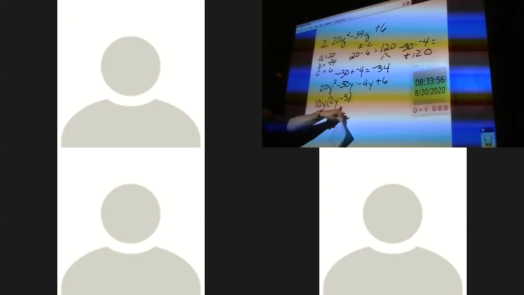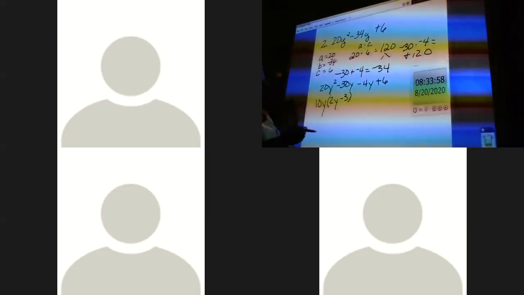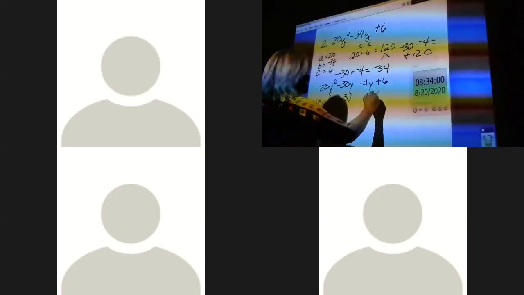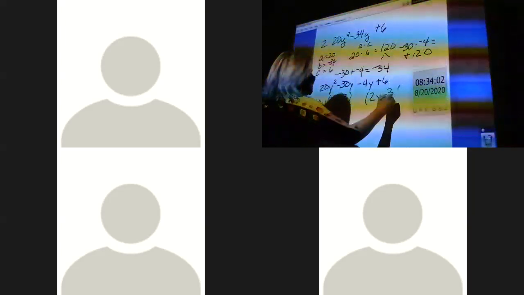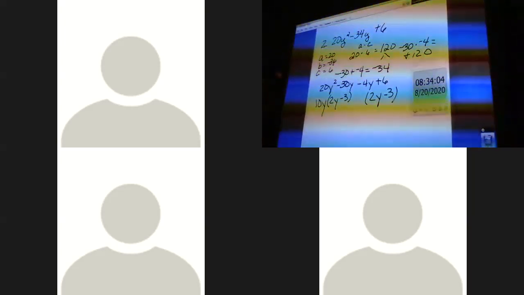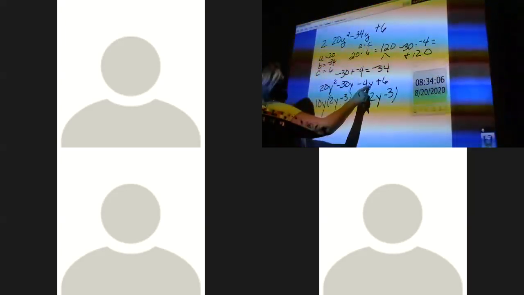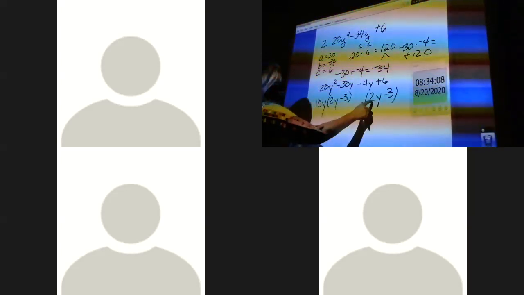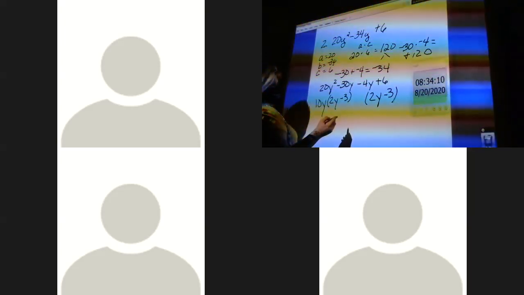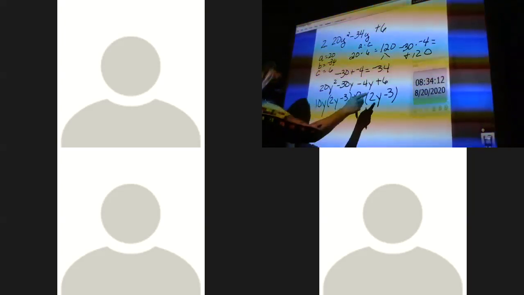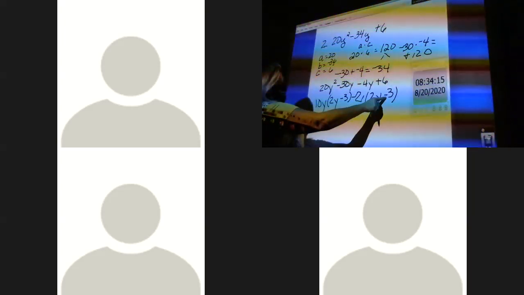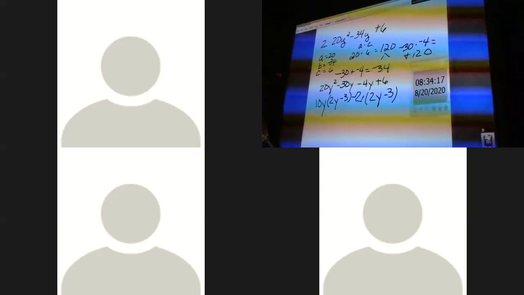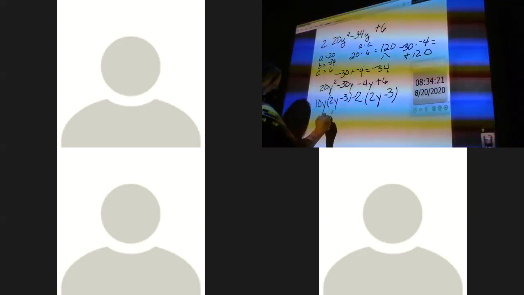Now, since we've got 2y minus 3 right here, it's going to have to be a negative 2. We know we want 2y minus 3 here. So negative 2. So what do we multiply by a negative 4y to get a positive 2y? Negative 2. What do we multiply by a negative 3 to get a positive 6? Negative 2.